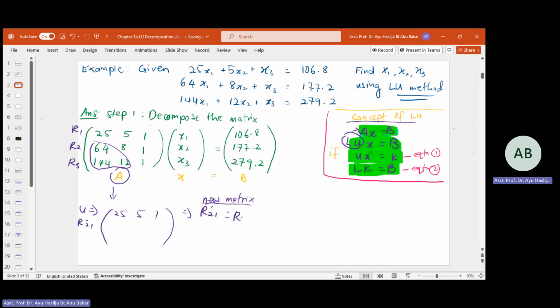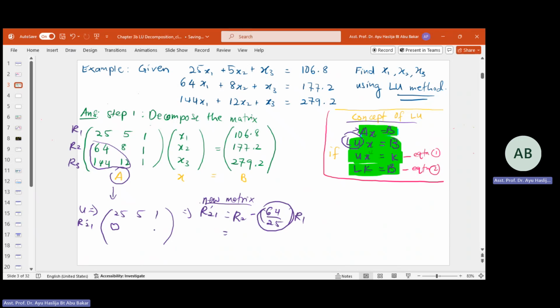Okay, R2 minus 64 over 25 R1. So this is your factor to zero this row. Okay, so from here you get 0. That is clear, same as Gauss.